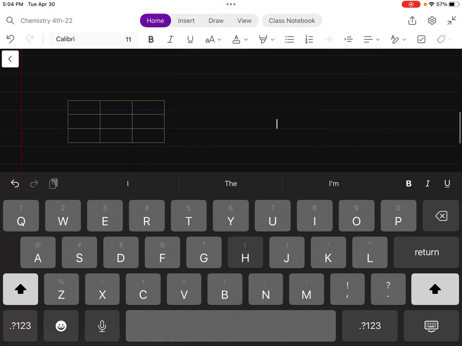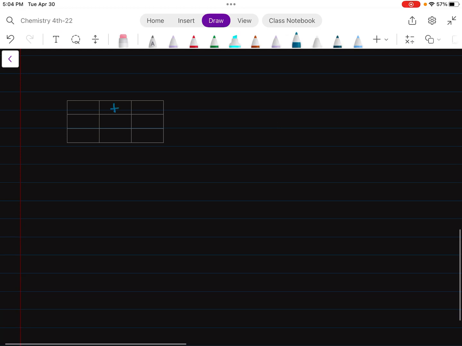So let's say we have a positive and a negative delta H, then we have a positive and a negative delta S. So if both are positive, it's going to be spontaneous at high T. Let me do this in a different color. At high temperature.